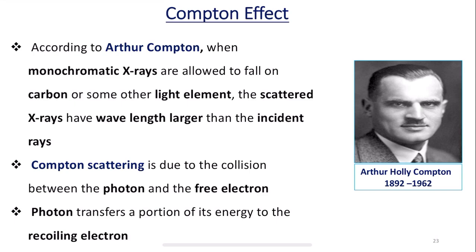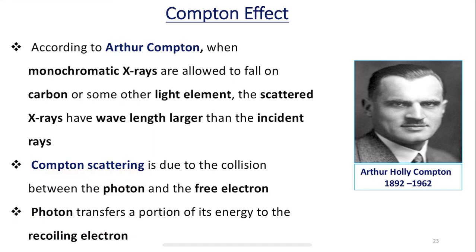For example, when monochromatic X-rays are allowed to fall on carbon or some other light element, the scattered X-rays have a wavelength which is larger than that of the incident rays. So here the wavelength is not dependent on the intensity of the incident radiation, whereas it is dependent on the angle of scattering and on the wavelength of the incident beam.